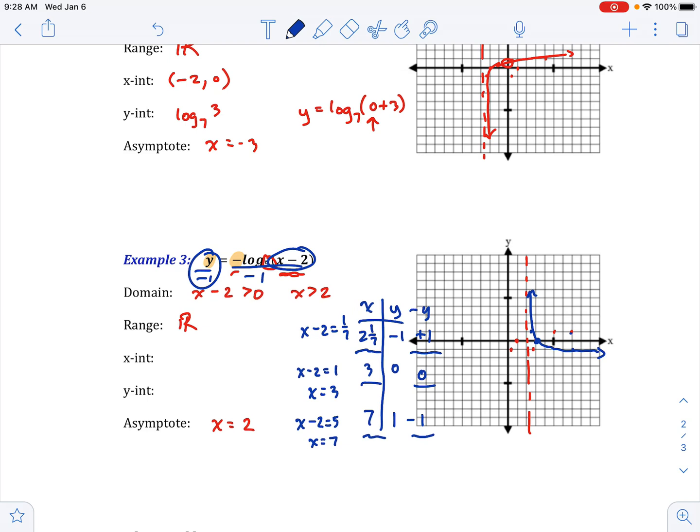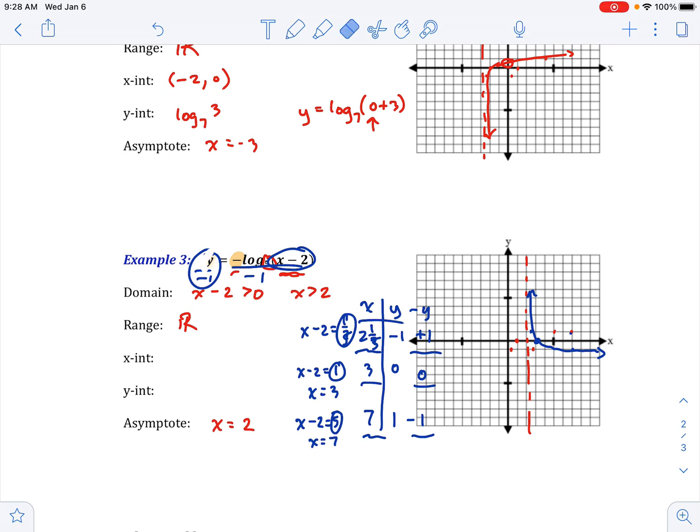And so now you can see the result here. So I showed it both ways in terms of a shift, and I showed it in terms of using your chart. And why did I choose, oops, mistake here, 1/5? Why did I choose a 1/5, a 1, and a 5?